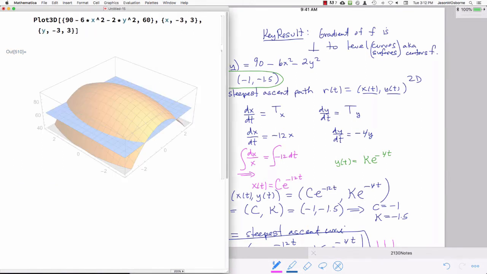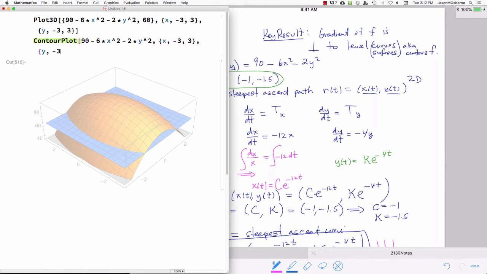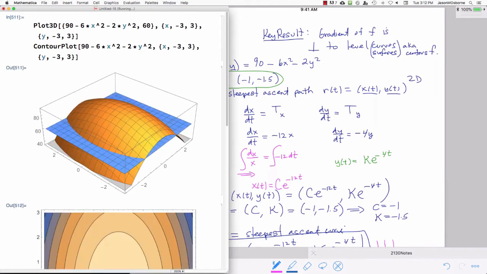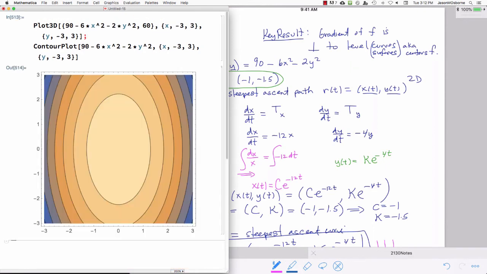contours together, enough of those slices, you will get a contour plot of the temperature function, 90 minus 6 times x squared minus 2 times y squared, and plot again x from negative 3 to 3, and y from negative 3 to 3. Here is a plot of all of the isotherms of that temperature function.